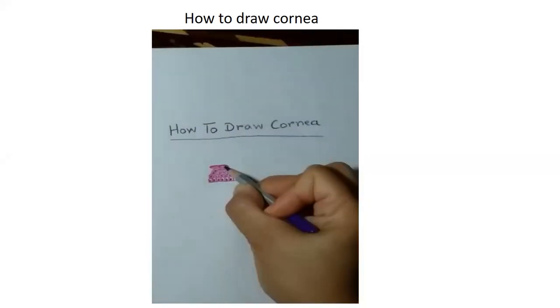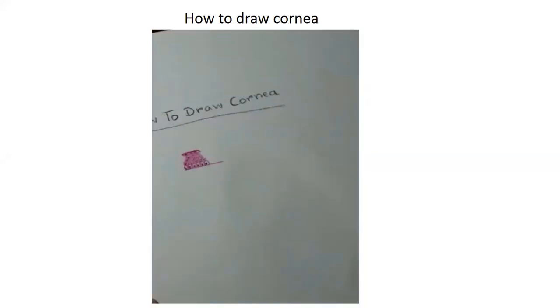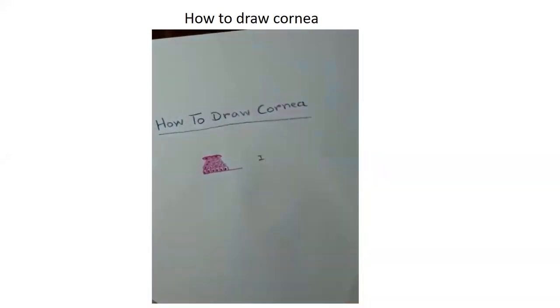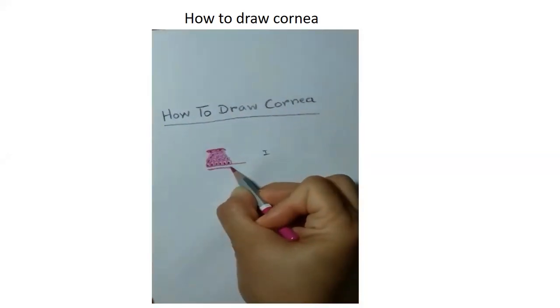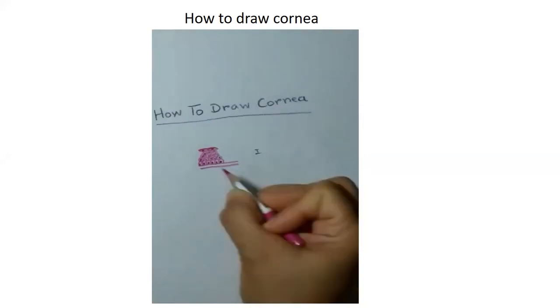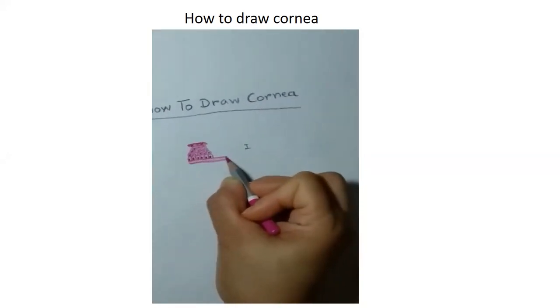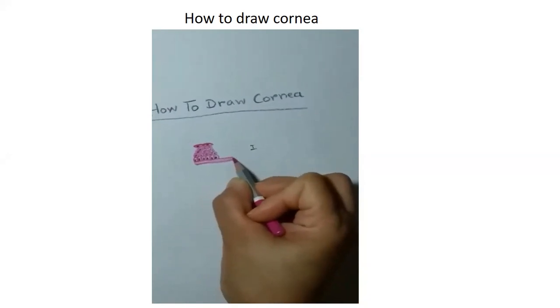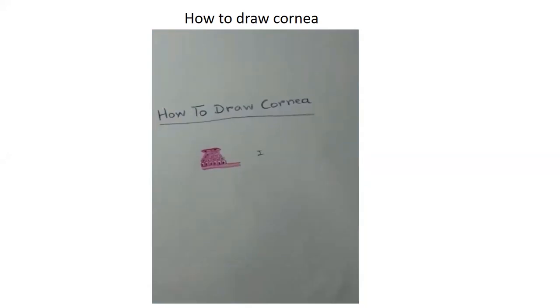And squamous cells have flattened central nuclei. So this is the first layer. The second layer is the Bowman's membrane. This is a tough, thick, homogeneous membrane, almost 10 micrometer in diameter, and it is made up of interwoven collagen fibrils. This is the second layer.